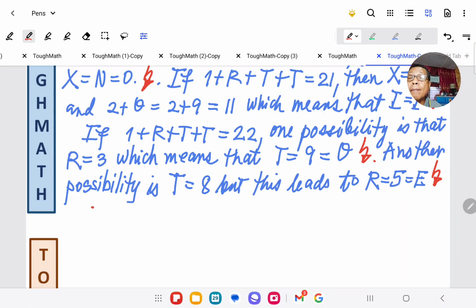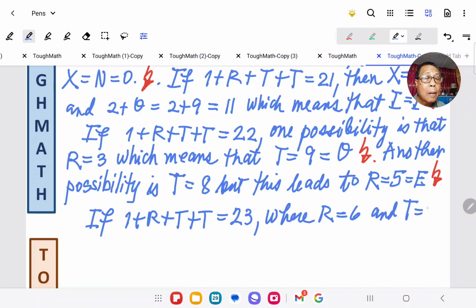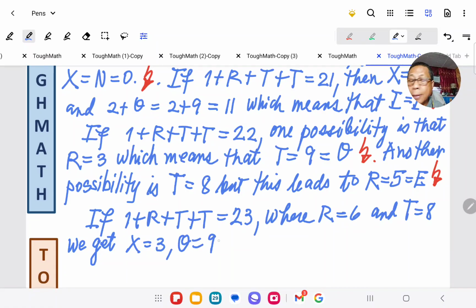So next, if 1 plus R plus T equals 23, where R equals 6 and T equals 8, we get X equals 3, O equals 9, and I equals 1.